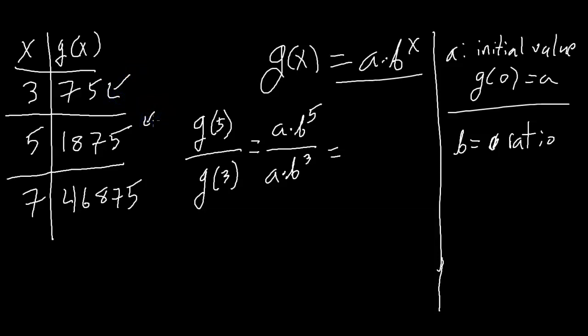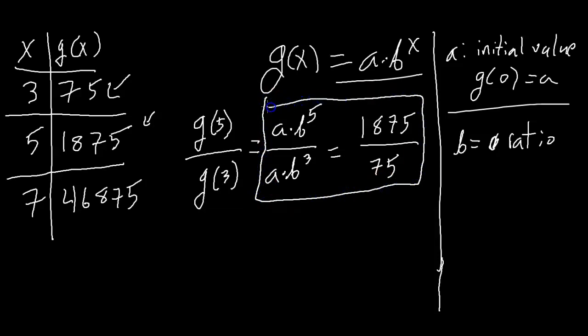We know that g of 5 is 1875, and we know that g of 3 is 75, okay? This equation here is what we're going to use to solve for b, okay?